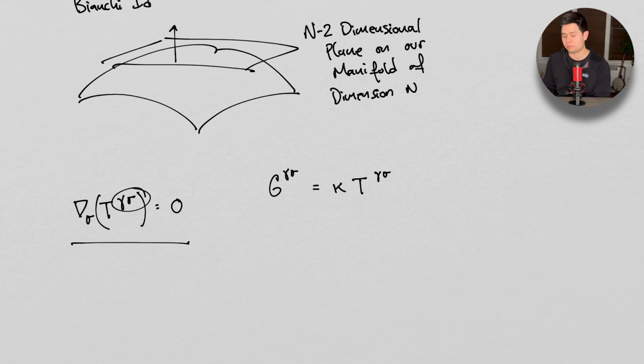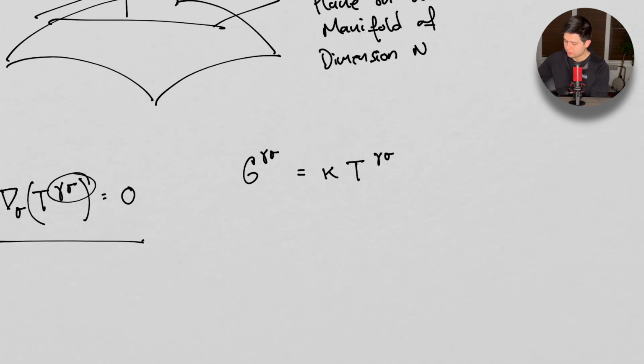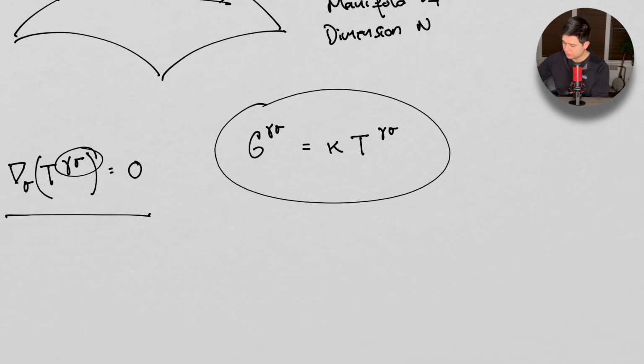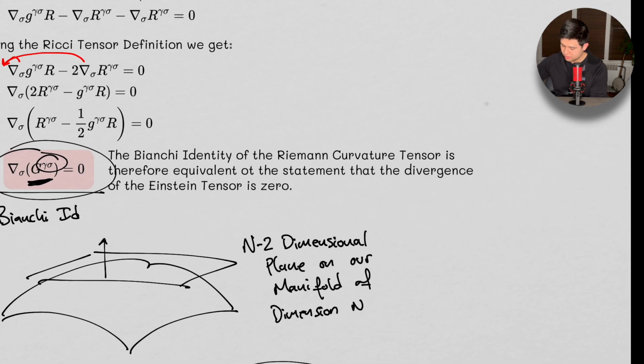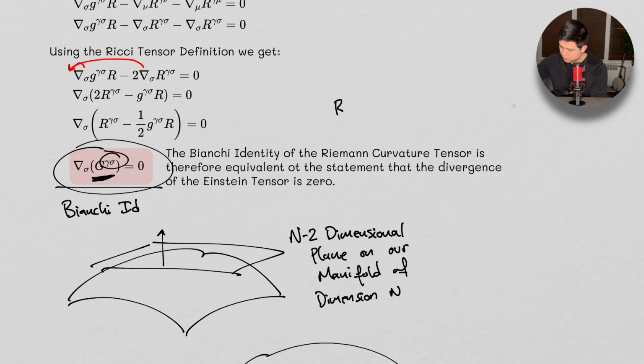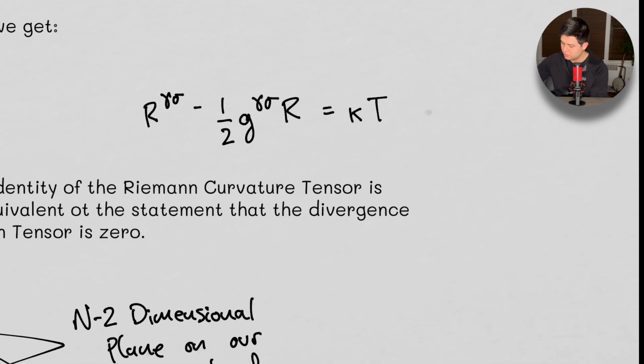They have to be scaled up by some constant, right? But this was Einstein's claim. Fleshing this out, we get the formula that R gamma sigma minus 1/2 g gamma sigma R equals, I'll say kappa, which is our proportionality constant, T gamma sigma.